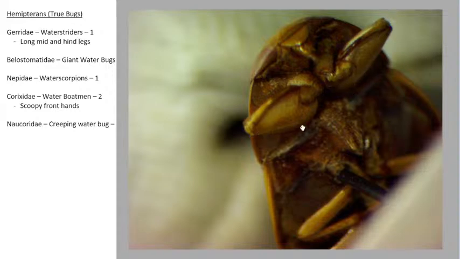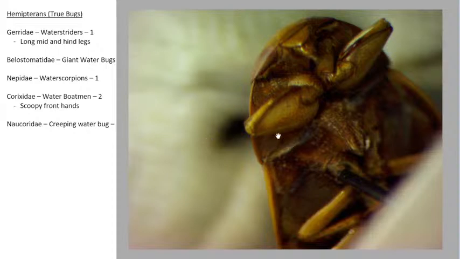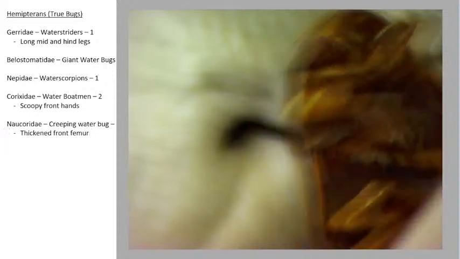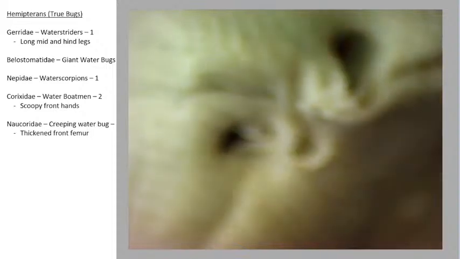They have these large expanded femurs as part of their raptorial front legs, and that is how you're going to be able to tell them apart from everybody else. Their front femurs are really, really thick. So we can say thickened front femurs. Alrighty, so that's going to be our crawling water bug.